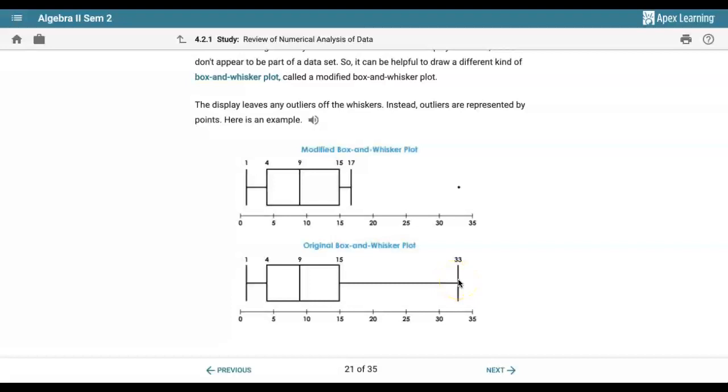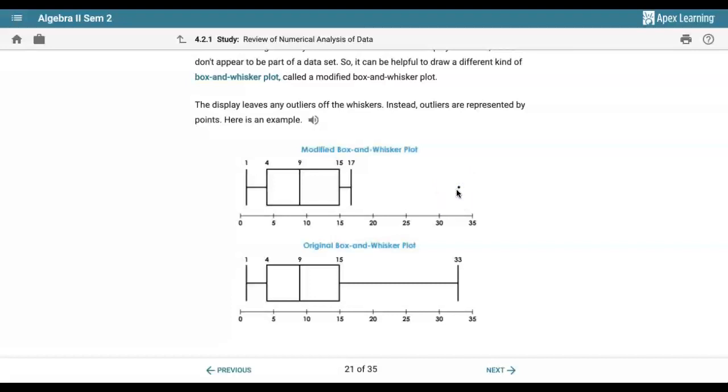So in this modified box and whisker plot, it represents our outlier point as a dot. If our entire data set's only outlier was 33, you represent it as a dot. Even if there were other values, you would still represent them as dots if they are considered outliers.